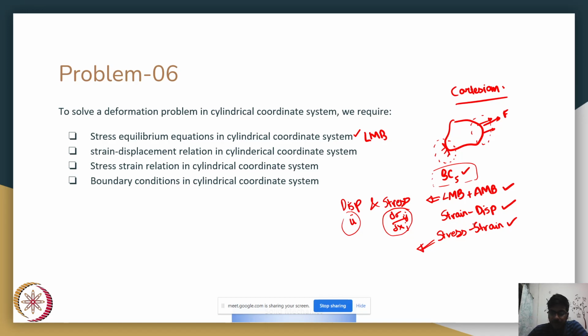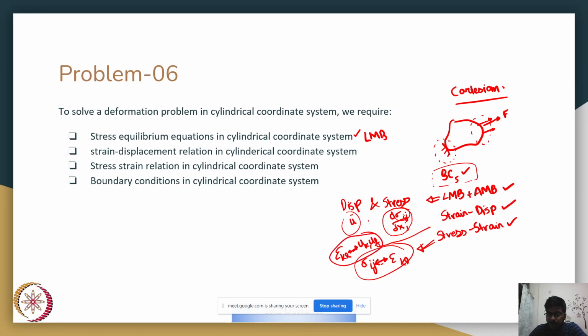The stress strain relations are important because then you can write sigma_ij as a function of epsilon_kl, and the strain displacement relations are important because you can write epsilon_kl in terms of u_k and u_l.